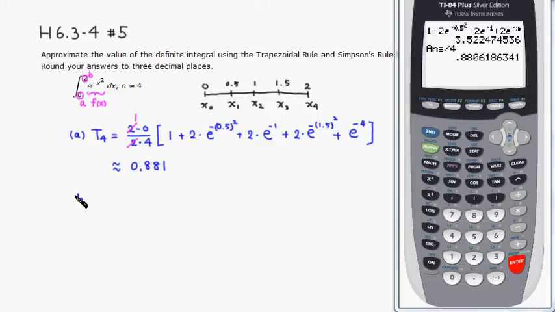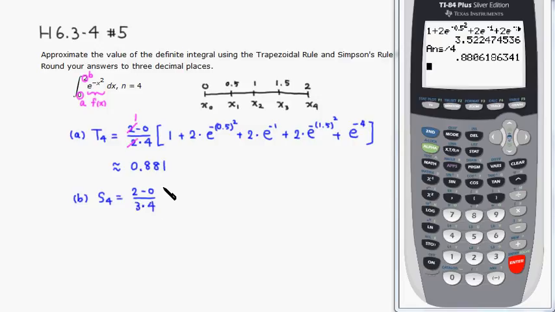So part B, S sub 4 is equal to, it's still b, which is 2, minus a, which is 0, over now 3 times n. So n is 4.